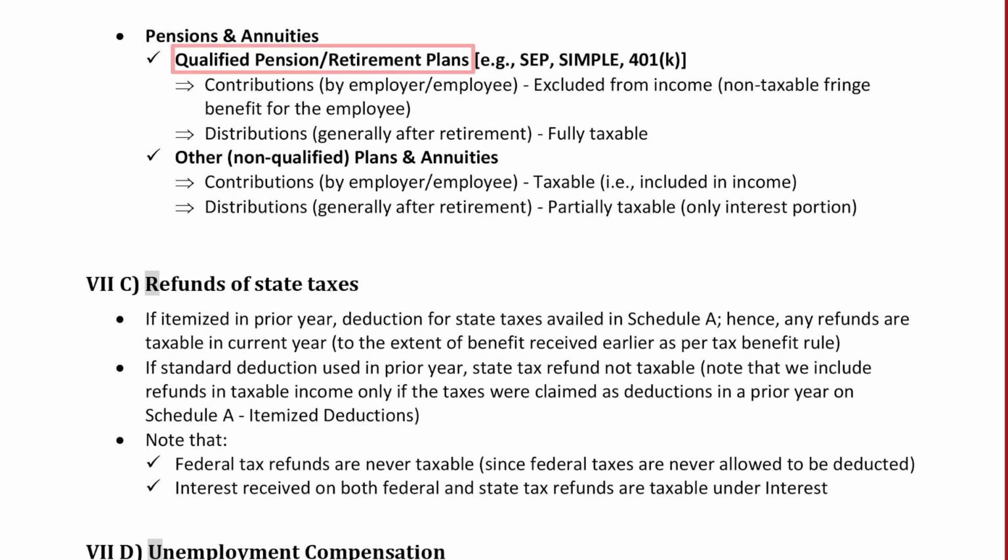Put a box around qualified pension or retirement plans. Underline, contributions by employer or employee are excluded from income. So it's a non-taxable fringe benefit for the employee. However, highlight, distributions which are generally after retirement are fully taxable.